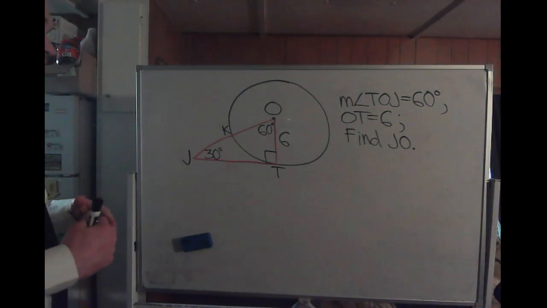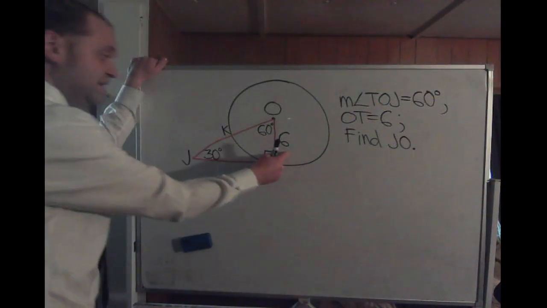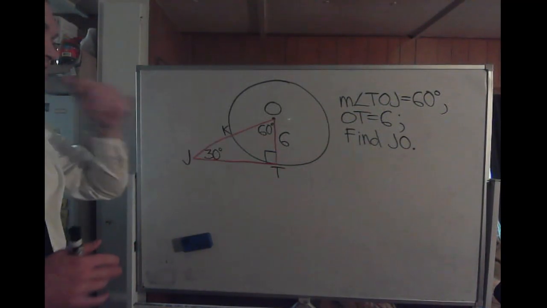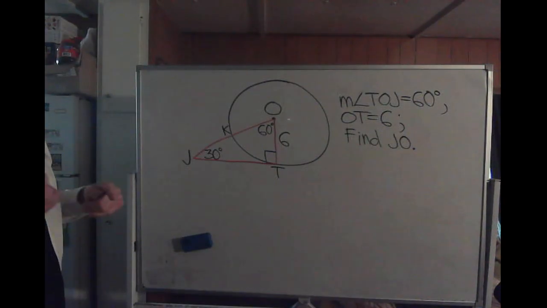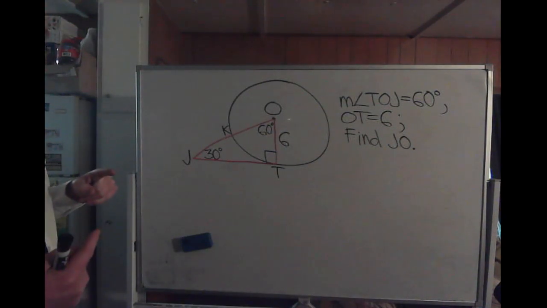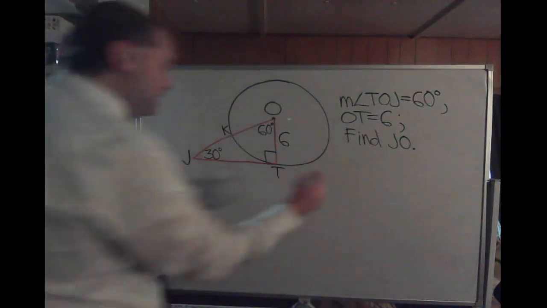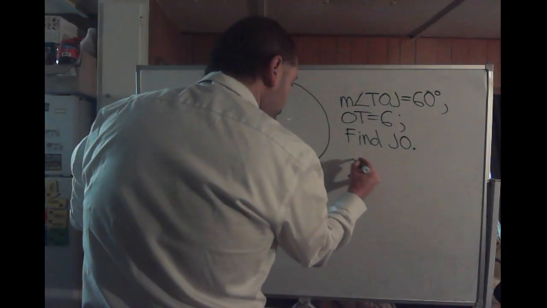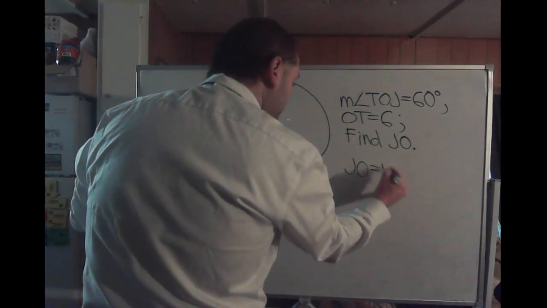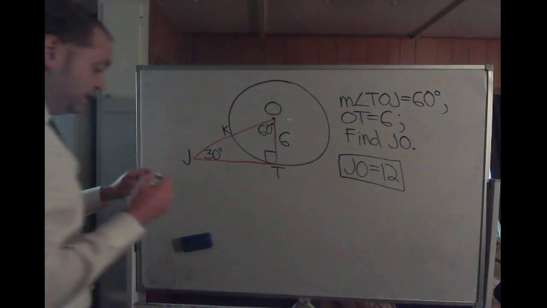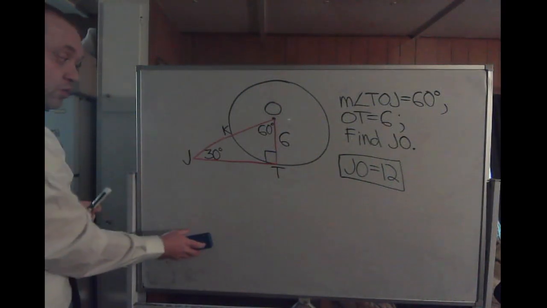What do we know here? That the side opposite the 30 degrees is the shortest leg, 6. And in a 30, 60, 90 right triangle, the hypotenuse is twice as long as the shortest leg. So if you take 6 times 2, you would simply get that JO equals 12 by the 30, 60, 90 theorem. So yes, some of this old stuff is starting to come back, even in circles.